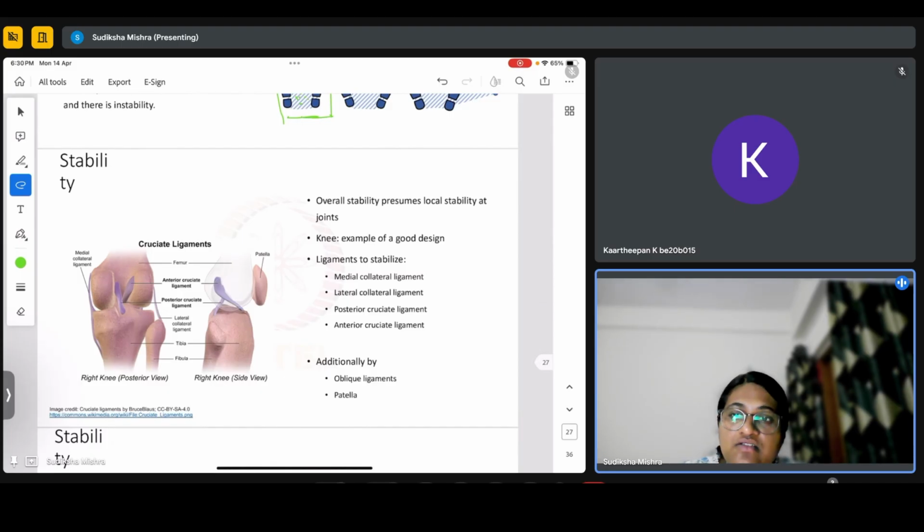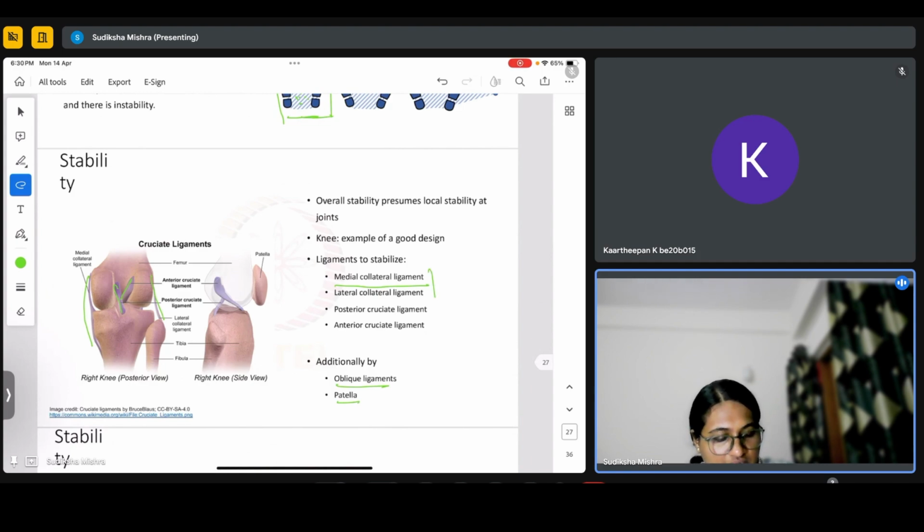In case of the knee, there are four major ligaments that stabilize: medial collateral ligament here, the lateral collateral ligament, the anterior cruciate ligament, and the posterior cruciate ligament. So cruciate means crossover, collateral means on the same side. Okay, and the knee is further stabilized also by oblique ligaments and patella.